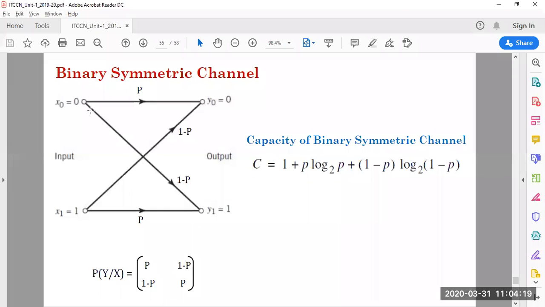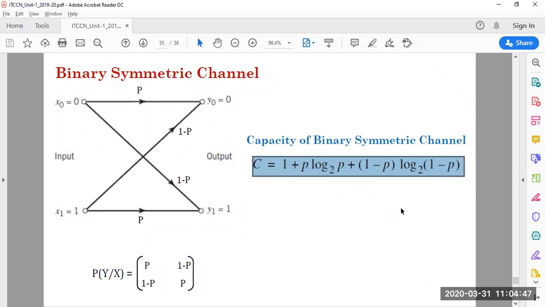So just write down this channel diagram as well as this channel matrix, the conditional probability matrix, and then, as you know, using this channel matrix, you can calculate the capacity of binary symmetric channel, which is given as 1 plus p log to the base 2 p plus 1 minus p log to the base 2 1 minus p.